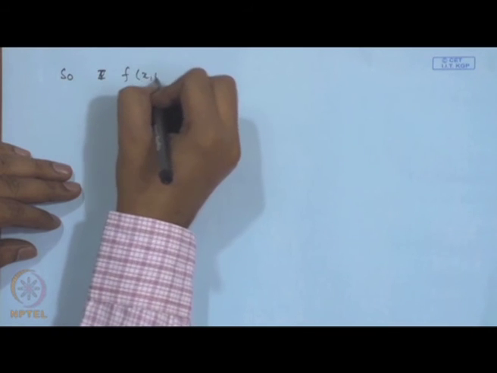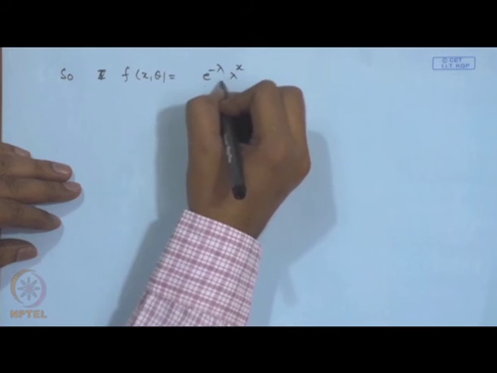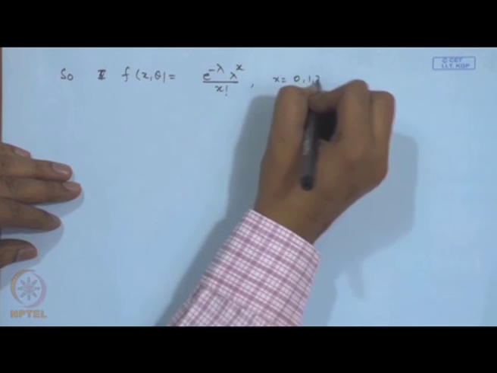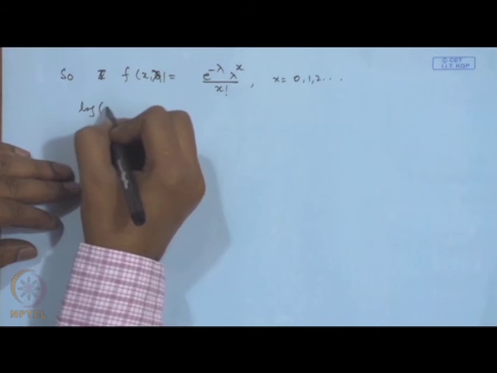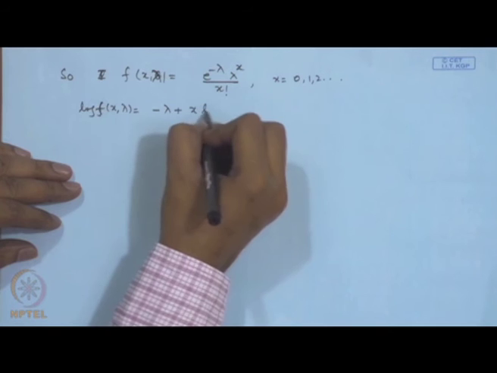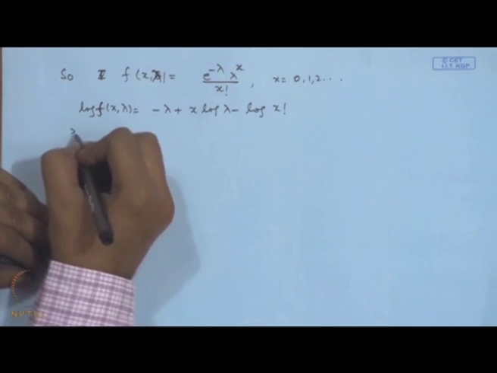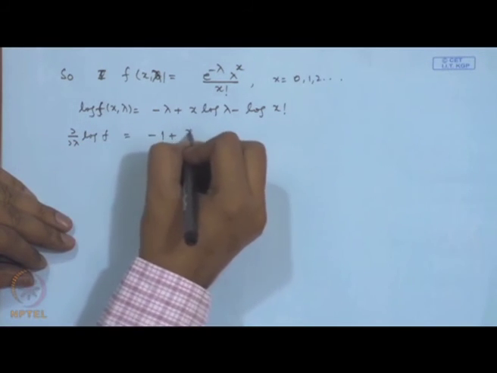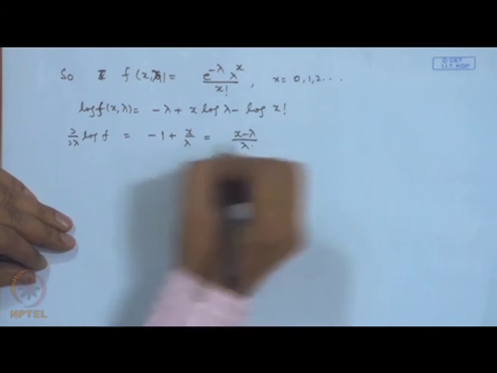So, the density function or the probability mass function in the Poisson distribution is, so log of this is f x lambda, minus lambda plus x log lambda minus log of x factorial. So, del by del lambda log of f, that is equal to minus 1 plus x by lambda, which we can write as x minus lambda by lambda.